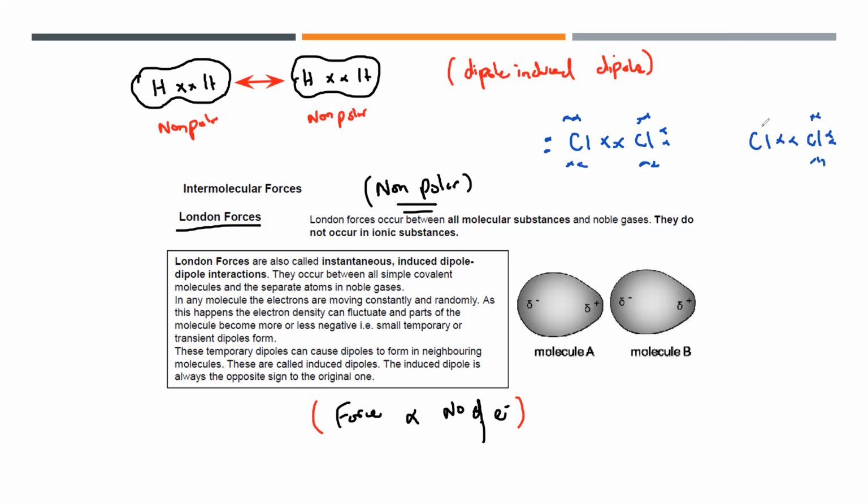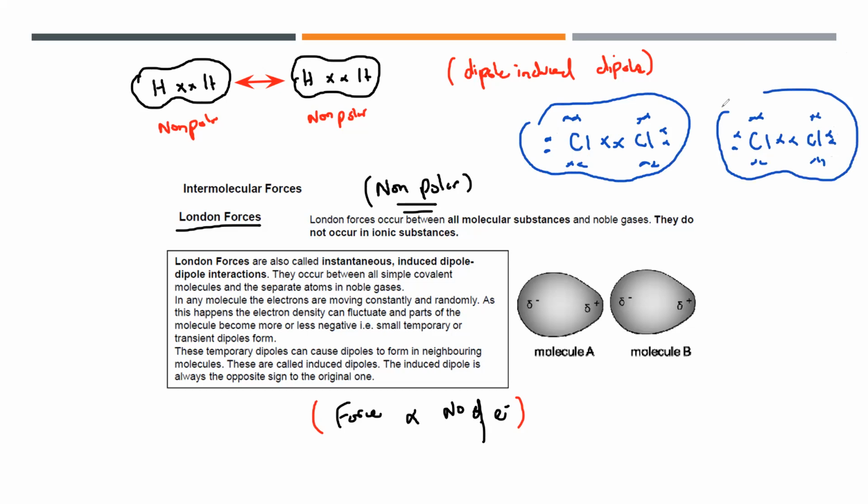This is one molecule of chlorine, and this is another molecule of chlorine. Because these are non-polar molecules, between them what kind of force will be there? We call that dipole-induced dipole.